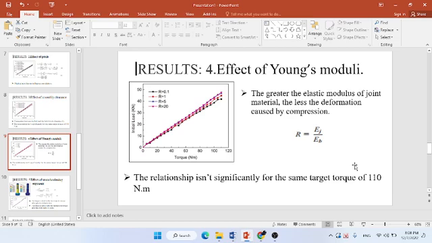The torque initial load curves corresponding to different modulus are shown in the figures. It shows that the torque initial load relationship is not significantly affected by Young's modulus for the same target torque of 110 Newton meters, similar to the effects of assembly cleanliness.